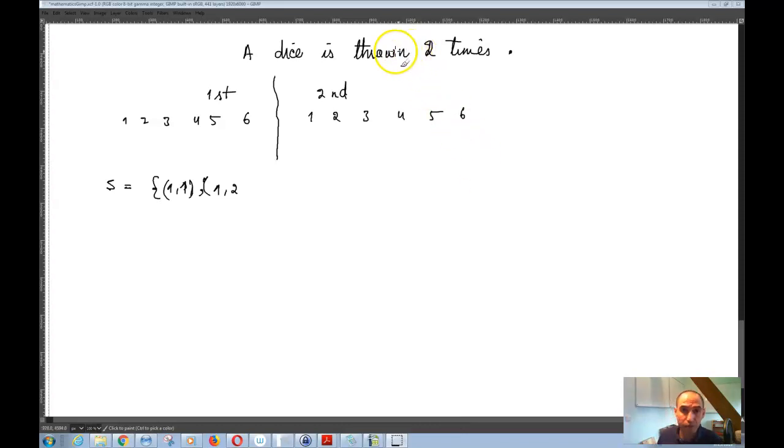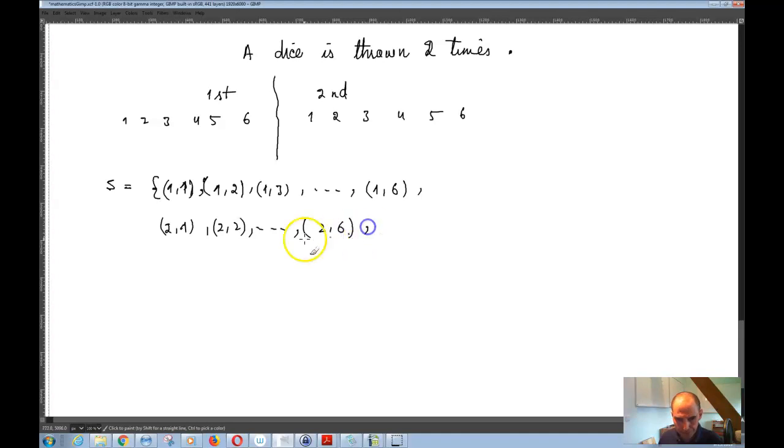So the dice has been thrown two times, and so you get all of these results, or elements, as 1, 1, 1, 2, 1, 3, all the way up to 1, 6, and then you will get 2, 1, 2, 2, all the way up to 2, 6, 3, 1, all the way up to 3, 6, and you can go all the way up to 6, 6. That is basically your sample space.